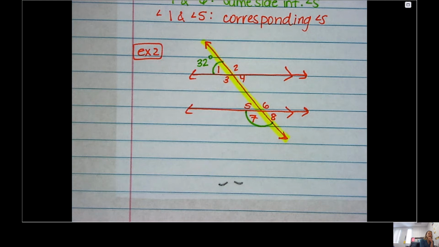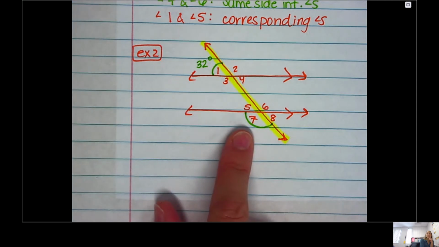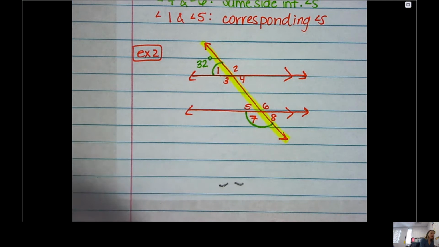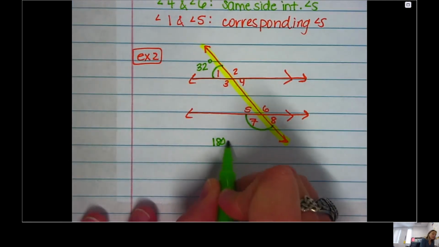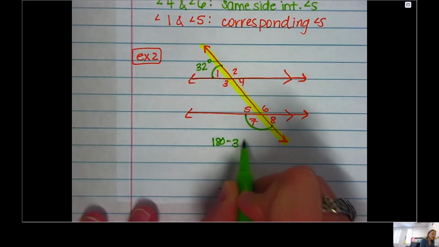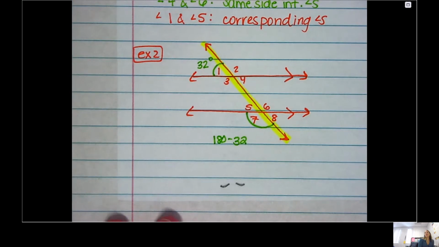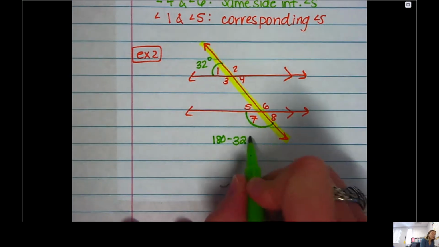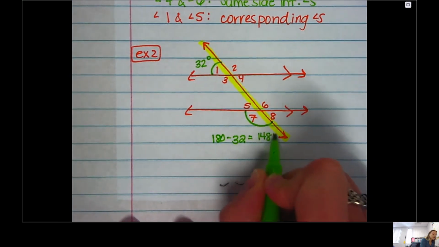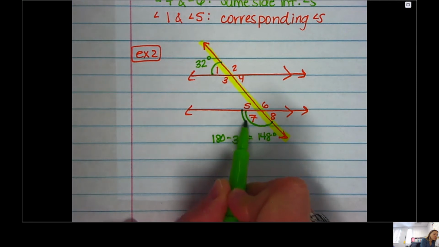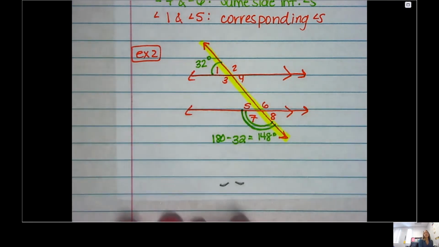So how could I figure out angle 7? It should be 180 minus 32. And you get 148 degrees. So I'm going to put 2 arc marks to show that this one's a little different than the other one. It's 148.